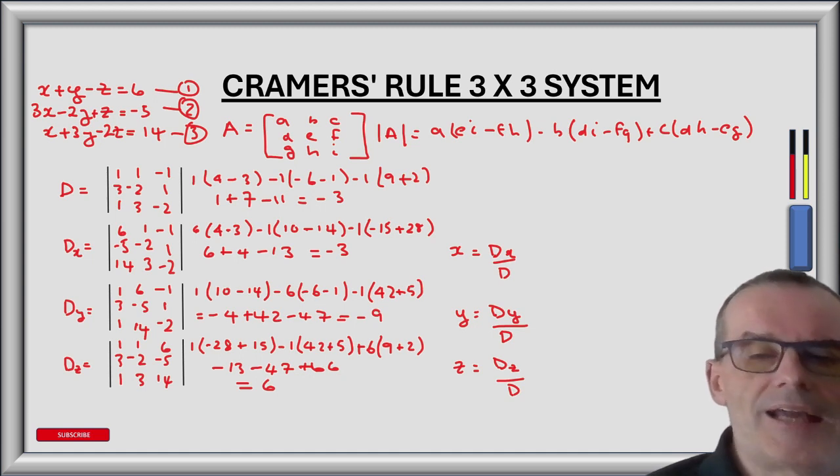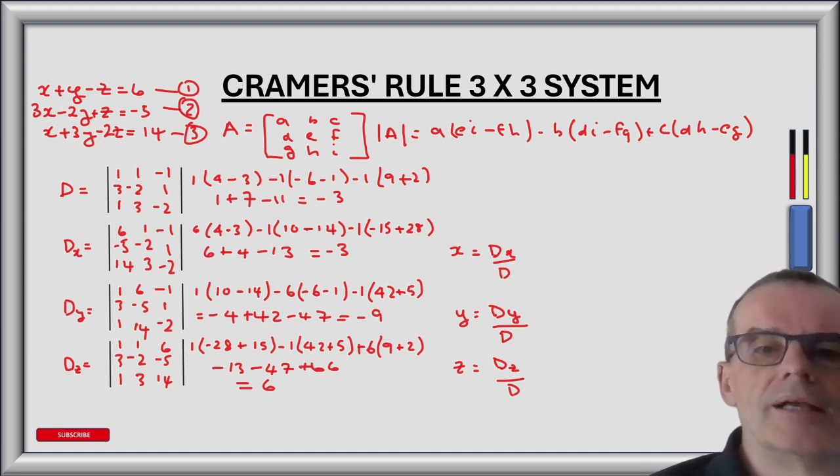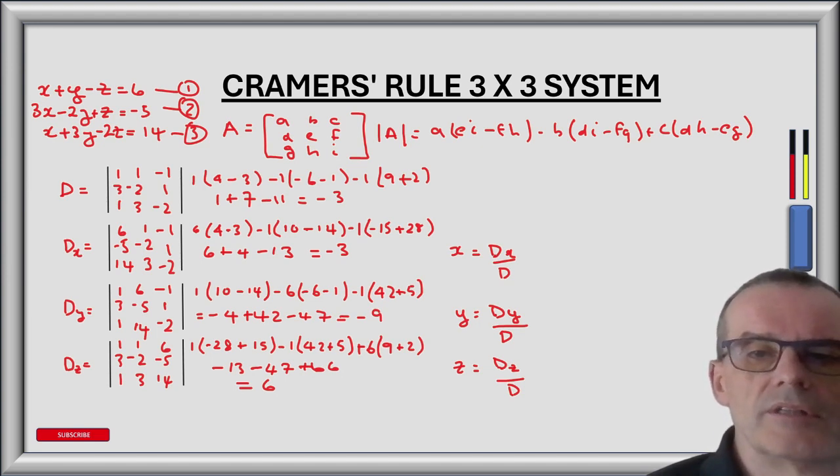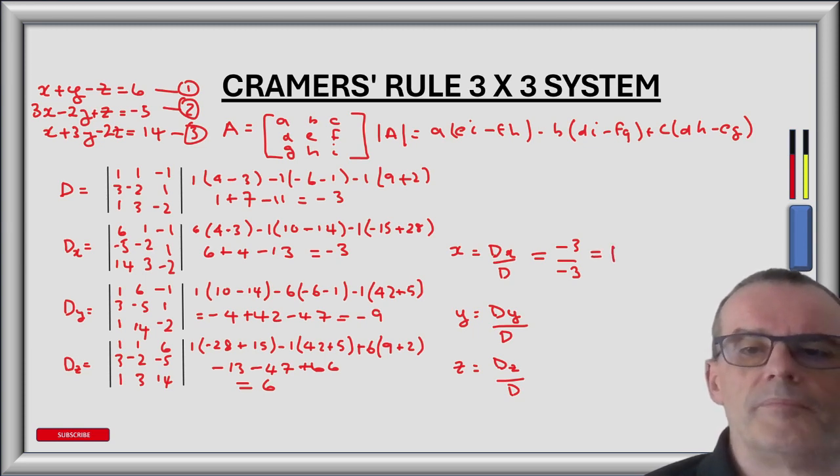So to calculate x, y, and z, we divide, first of all, the determinant of x by the determinant of the coefficients. The determinant of x we calculated as minus 3, and the determinant of the coefficient matrix was also minus 3. The minus 3 divided by minus 3 leaves 1. So for y, we need the determinant of y and the determinant of the coefficient matrix.